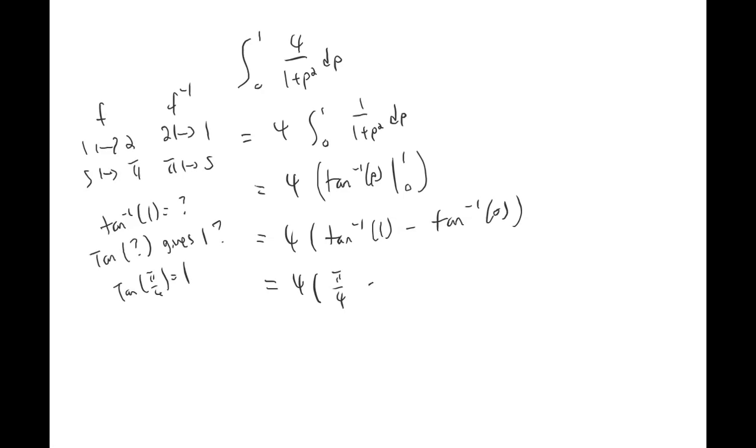Similarly here, tan of what angle gives 0? Yeah, 0. Tan of 0 is 0. Because if tan takes pi over 4 to 1, then tan inverse takes 1 to pi over 4. So yes, you do need to know the unit circle.